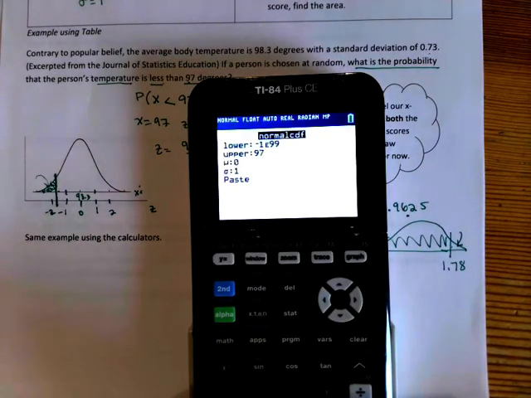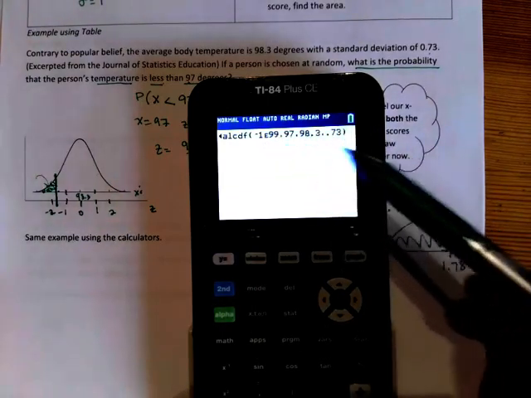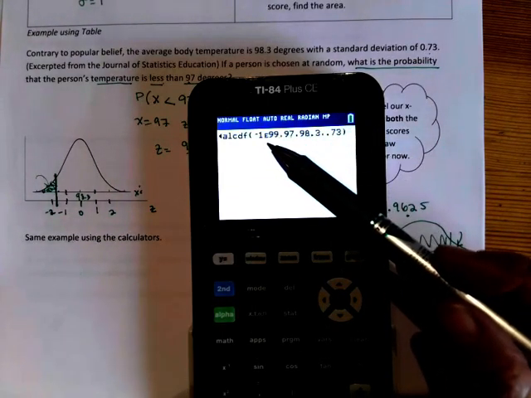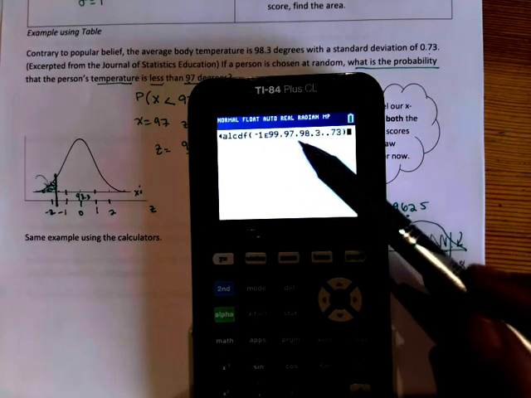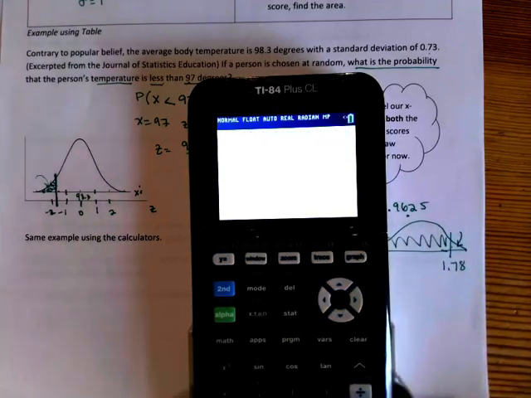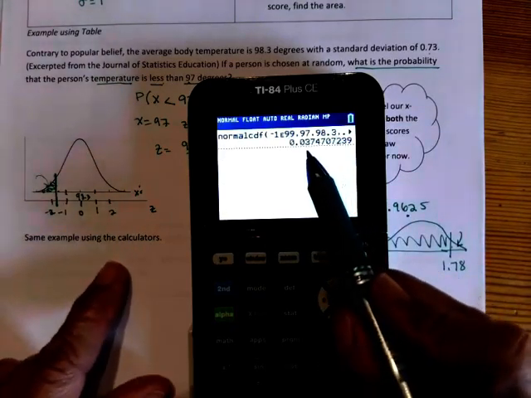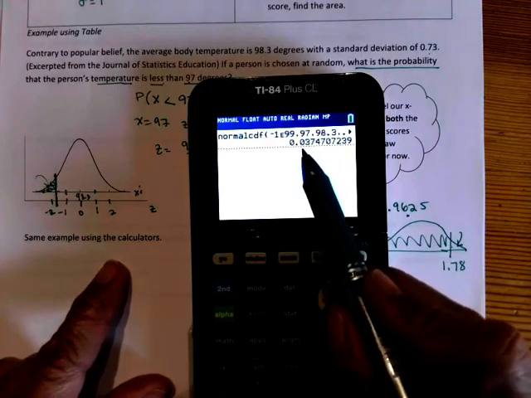So for the mu, I'm going to put the 98.3, and for the sigma, I'm going to put the 0.73, and then I'm going to paste. Again, if your calculator didn't prompt you like mine did, that's the order: smallest, so for this left, comma, for this right, comma, mean, comma, standard deviation, and then enter, and there is that same value, 0.0375.